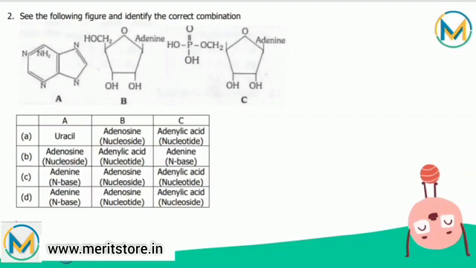Here we can see that A is a purine, which is a 9-member double ring nitrogenous base, and when ribose sugar is added to it, it forms the nucleoside adenosine. Again, when adding phosphoric acid, it converts into adenylic acid, which is a nucleotide.